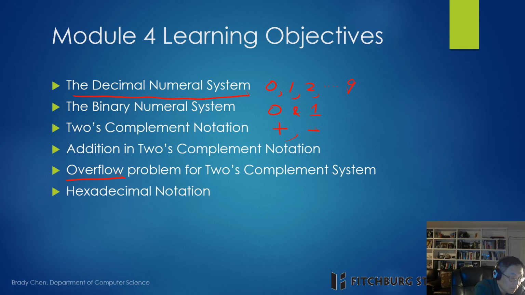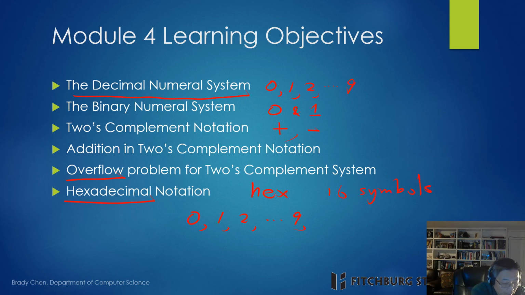Lastly, we will introduce a new notation called the hexadecimal notation. Sometimes we use hex for short. Hex is a numeral system that uses 16 symbols. We will use the symbols 0, 1, 2, all the way to 9 to represent the first 10 numbers.